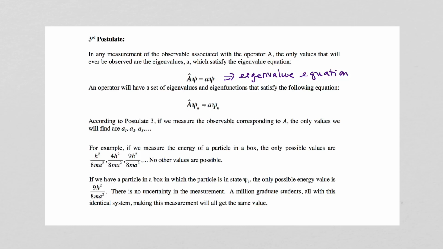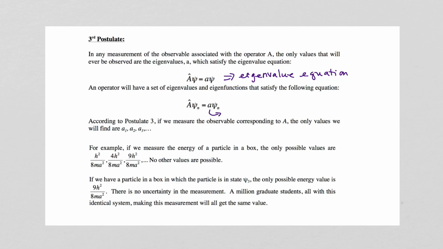Now, the beauty of the eigenvalue equation is that when we solve the eigenvalue equation for a particular operator, the only measurable quantities that we'll obtain are the eigenvalues that result from solving our eigenvalue equation. Okay, so we're only ever going to measure these a's, these constants. Okay, these are our eigenvalues.